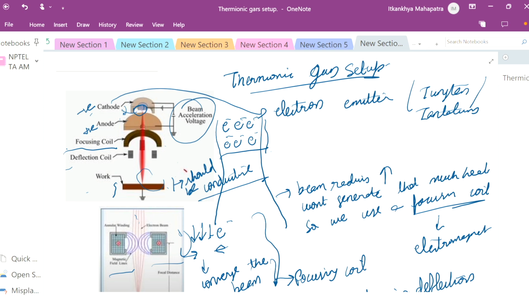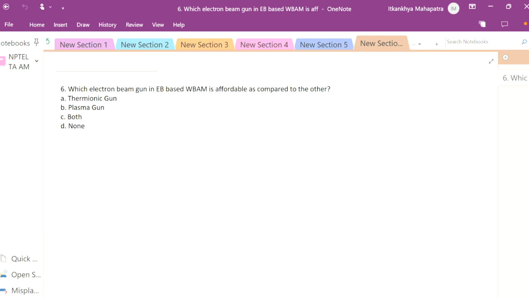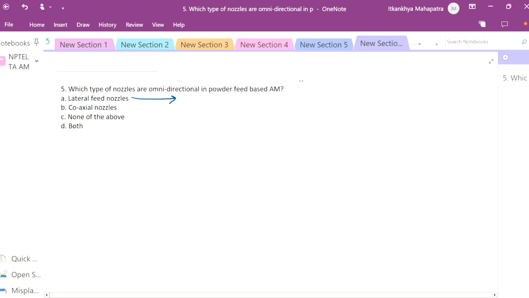Next is, which type of nozzles are omnidirectional in powder feed based additive manufacturing. So lateral feed nozzles are not omnidirectional, and coaxial nozzles are omnidirectional.